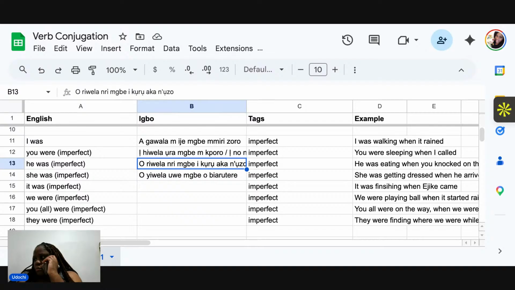Okay, and then I wrote, so I'm translating a few sentences that I cooked up, basically. The next sentence is he was eating when you knocked on the door, and I wrote, Oriwela nri mwe ikoro akanozo.